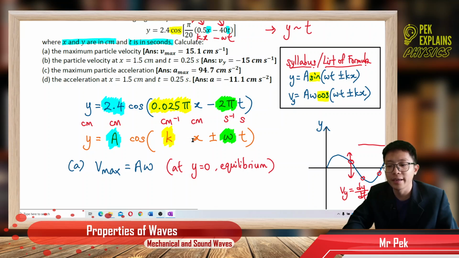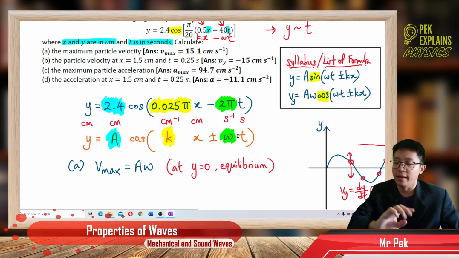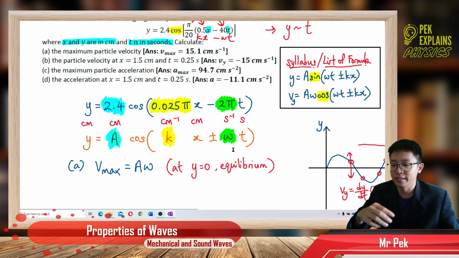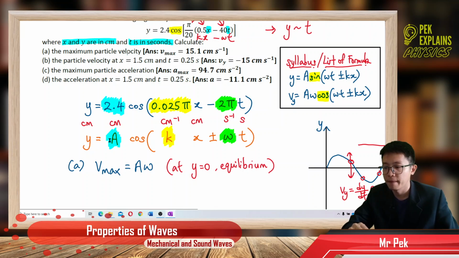But this one is kx plus minus omega t. So be careful, in exams sometimes the kx and omega t can interchange order. kx can be in front, omega t at the back, or omega t in front, kx at the back. So you must be alert of this.